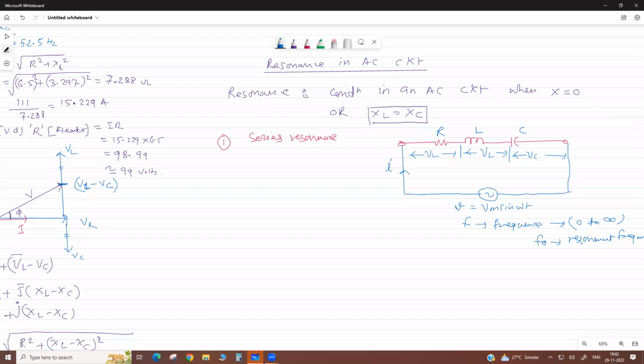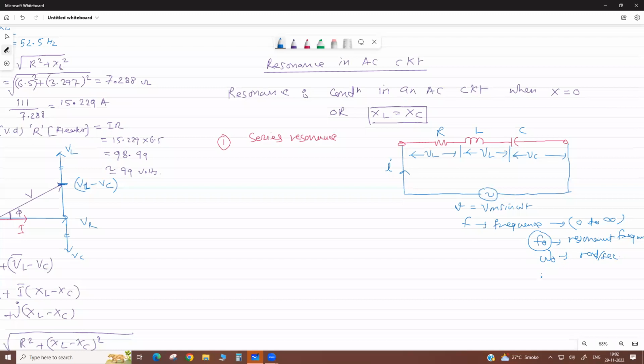If these values are fixed and we vary the frequency, we can achieve the resonance condition at some particular frequency, called the resonant frequency, or omega naught, which is the resonant frequency in radian per second. This one is in cycles per second, or hertz.